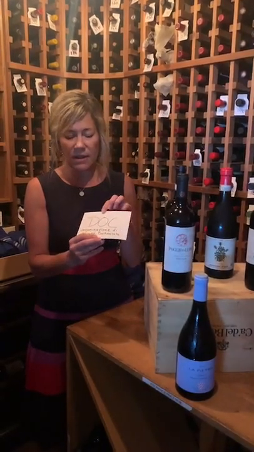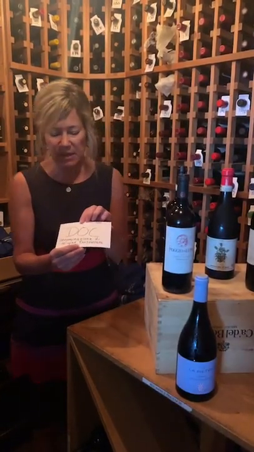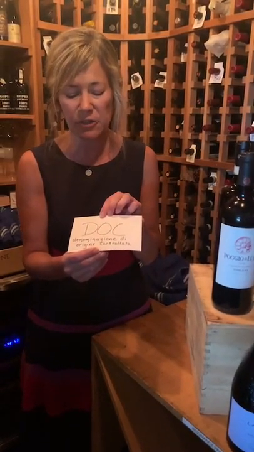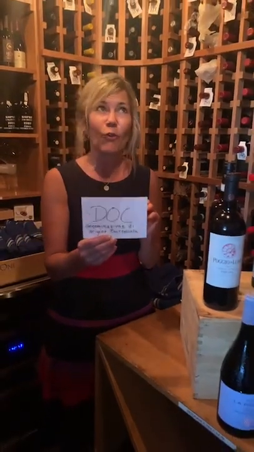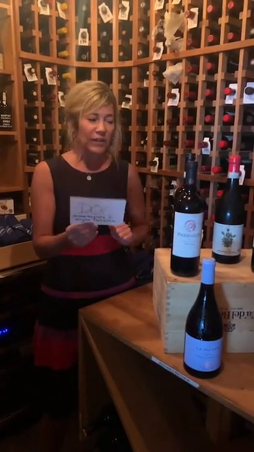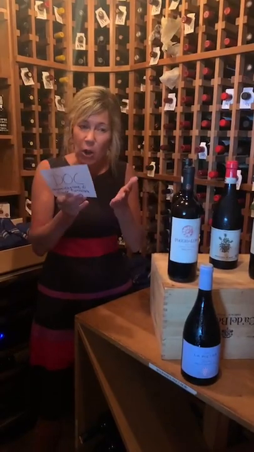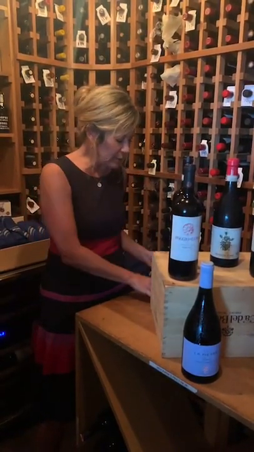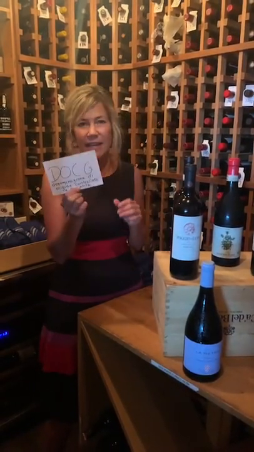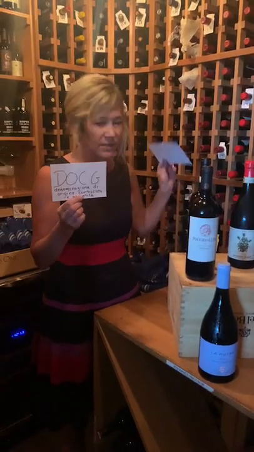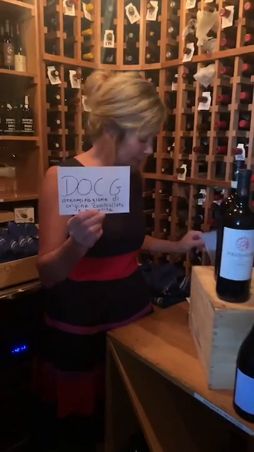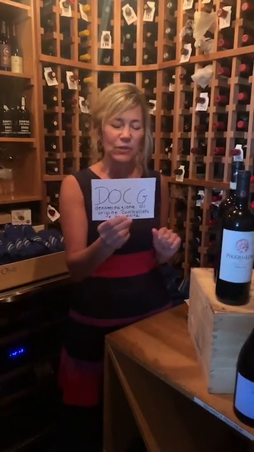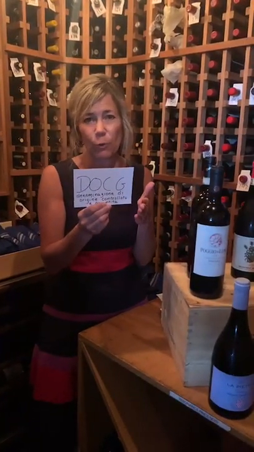It's governed basically by the government. So you have DOC, which in Italian is Denominazione di Origine Controllata, which is getting smaller in your rules. Then if we go to DOCG, this means a controlled and guaranteed area. So now we're getting even tighter on your rules.